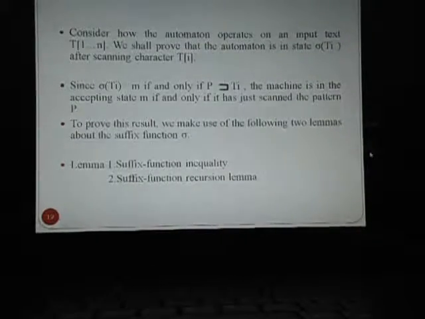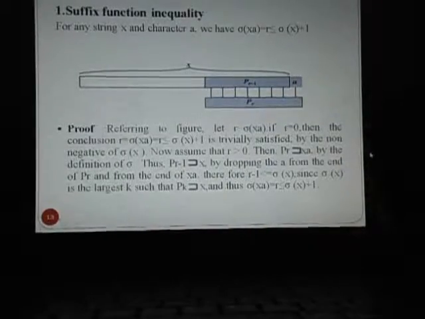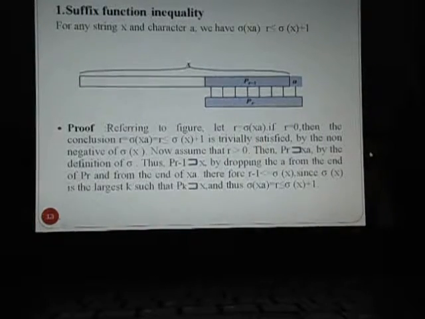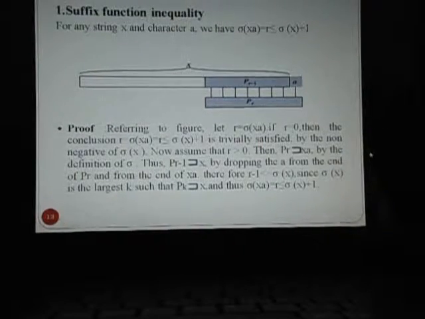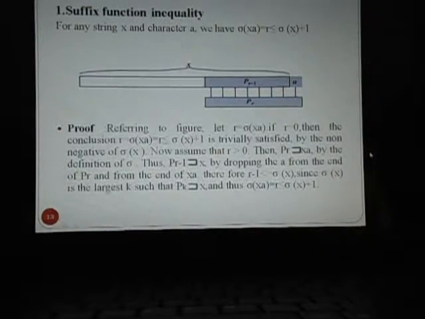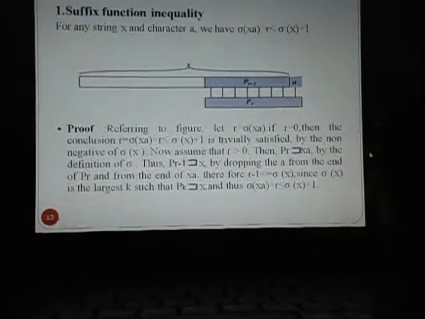Let us move to the first one, the suffix function inequality. It states that for any string x and character a, we have sigma of xa, equal to r, is less than or equal to sigma of x plus 1. Looking at this figure, let us denote r equal to sigma of xa. If r becomes 0, then the conclusion that r equal to sigma of xa is less than or equal to sigma of x plus 1 is trivially satisfied, by the non-negativity of sigma of x.